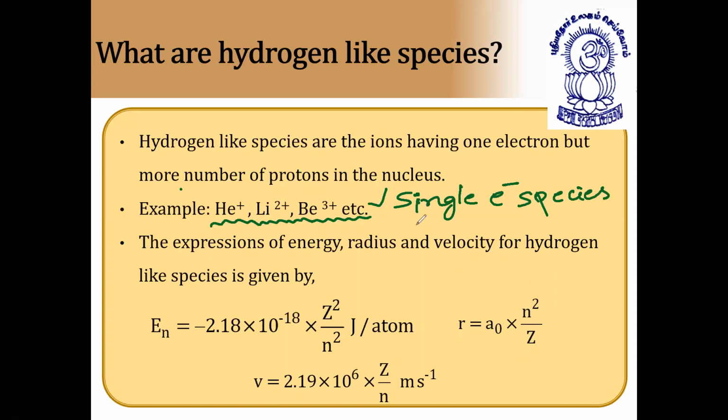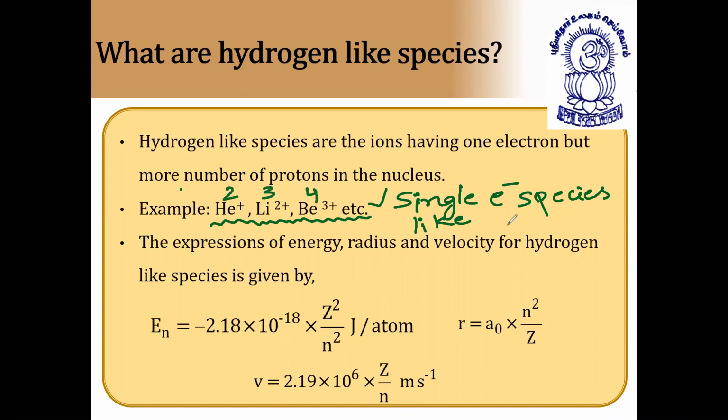But in this case the atomic numbers are not the same. For helium the atomic number is 2, lithium it is 3, beryllium is 4.